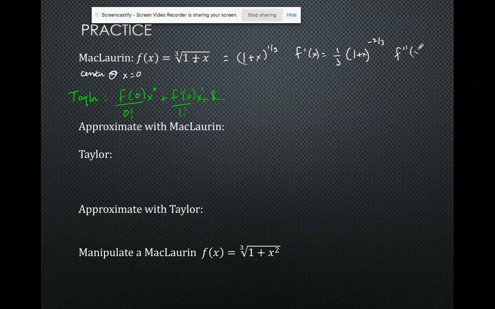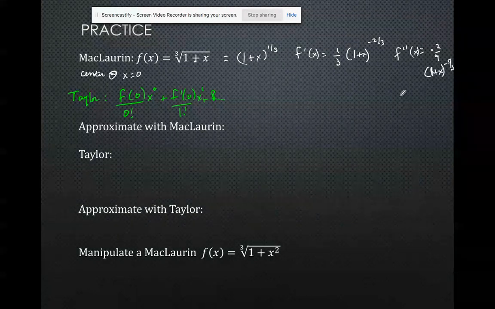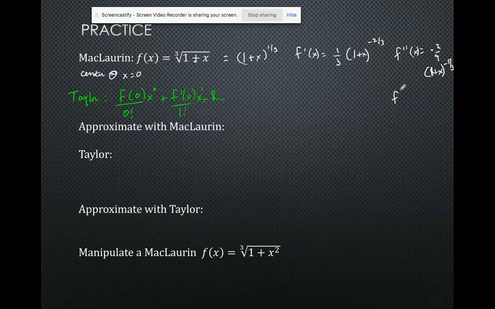F double prime of x is negative 2/9, 1 plus x to the negative 5/3 times 1. And that's going to give me 1, 2, 3. They asked me for 4, so I need one more derivative. Why am I doing it over there?